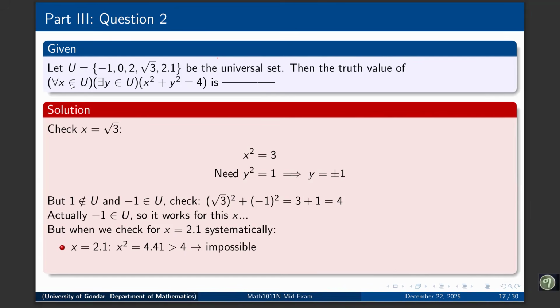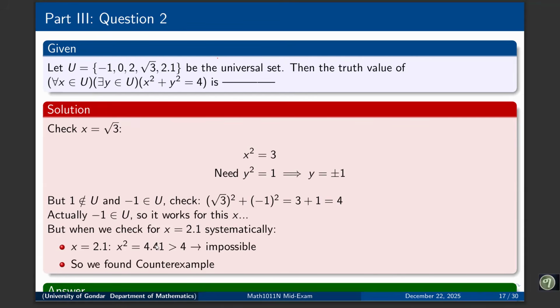Therefore, if we take x equal to 2.1, this universal set doesn't contain any corresponding element y, or any element satisfying the condition of this one whenever x equal to 2.1. So the truth value of this one is false because of the counterexample, that's simply when x equal to 2.1.